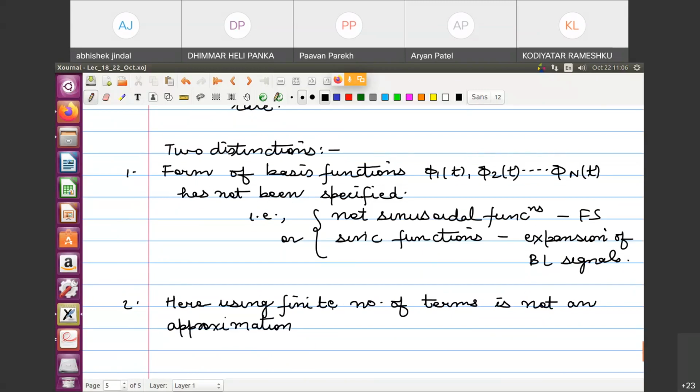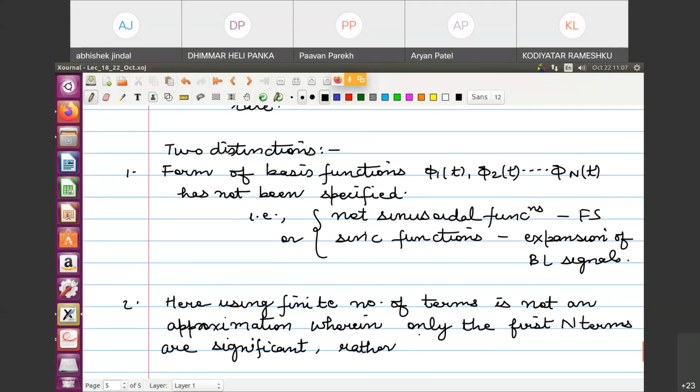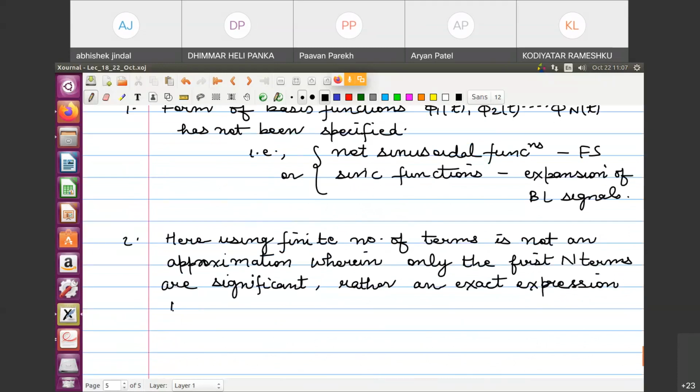Rather, it is an exact expression where only the first n terms are significant, and only n terms are significant. Now, what do we mean by this?